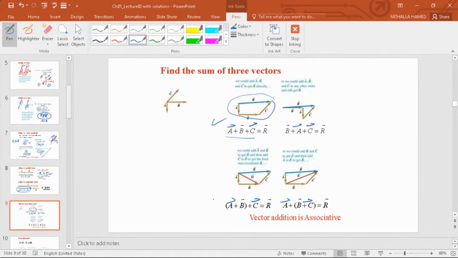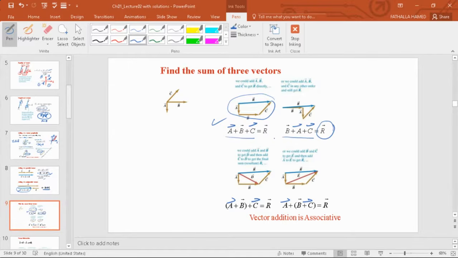Now, you can have different arrangements. For example, I am putting the tail of A to the head of B. That means I'm adding A to B. And then I'm putting the tail of C to the head of A. That means I'm adding C to A. Now, in this situation, it is B plus A plus C, which gives me R. In both situations, you're getting the same resultant vector.